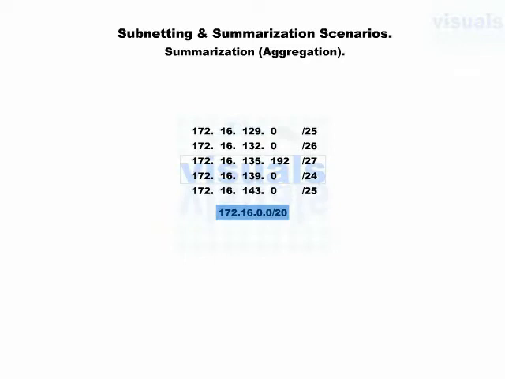So the valid IP address range for this network which we computed is 172.16.128.1 to 172.16.159.254, and .255 is the broadcast address, and 172.16.160.0 is the next network. So this was wrong, and I think mistakes really help us to get perfection. Let's move further.